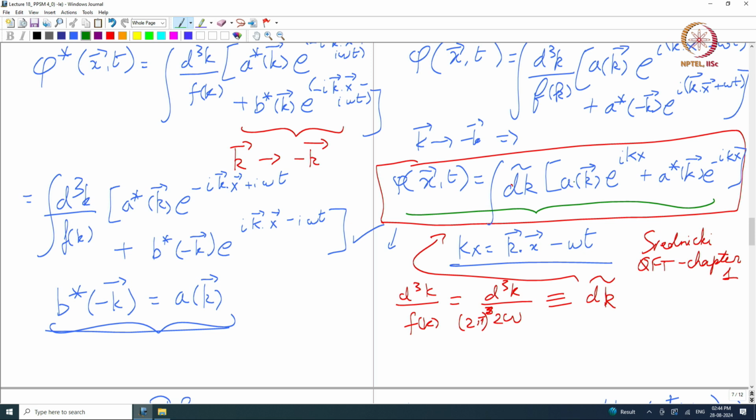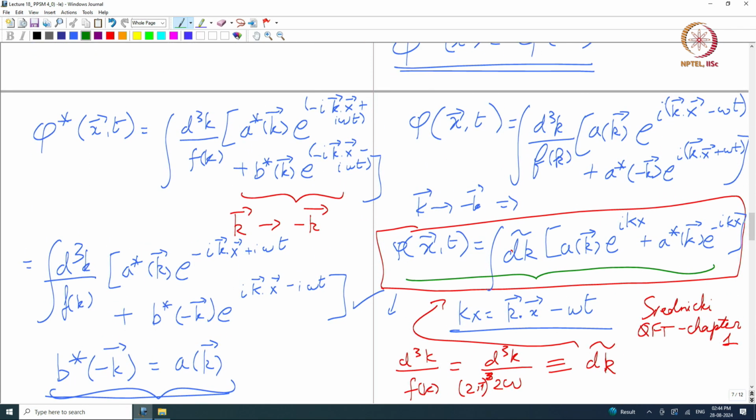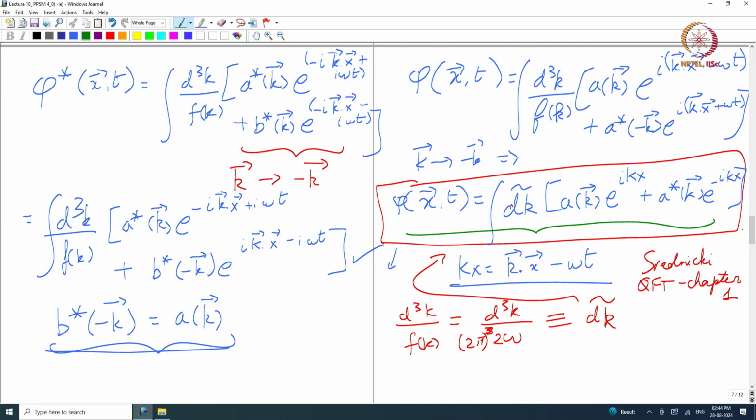The A got married to a term with positive energies and the A star got married to a term with negative energies, correct. Although it is not really a negative energy, it is a negative energy only if you interpret this as a wave function. The energies are positive only actually. The actual state that you are thinking of is still positive. It's just that the mode expansion looks like this.